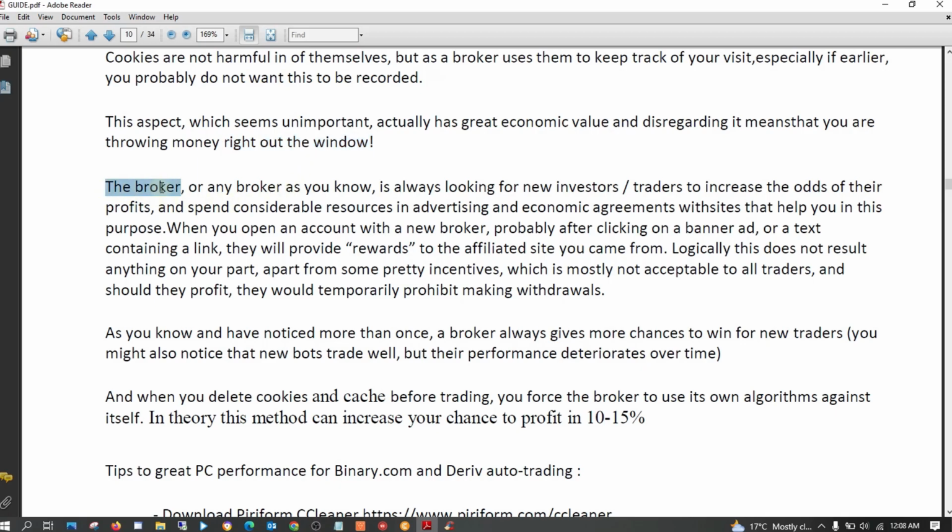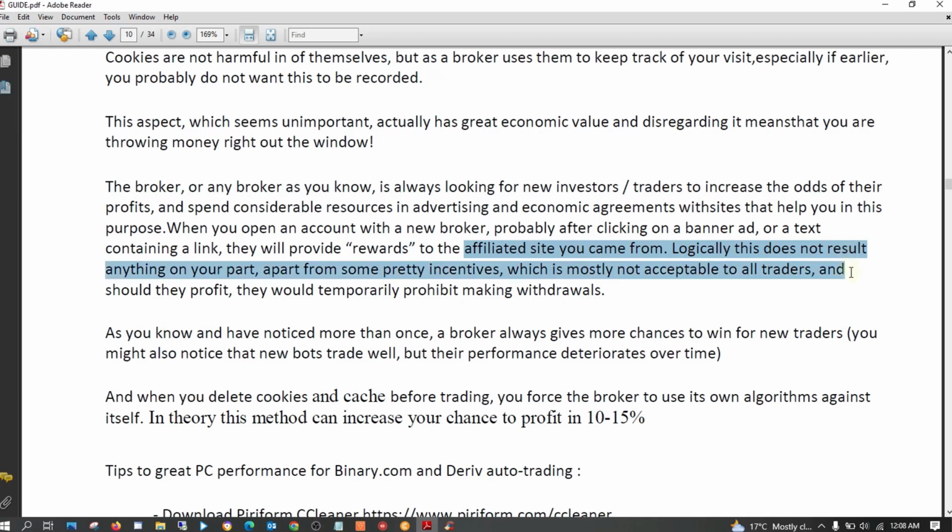So we see that this broker, or any other broker, is always looking for new visitors and traders to increase their odds and profits. They spend measurable resources on advertising and have economic agreements with the sites that help them with this purpose. When you open an account with a new broker, probably after clicking a banner or a text containing a link, they'll provide a reward to the affiliated site that referred you.